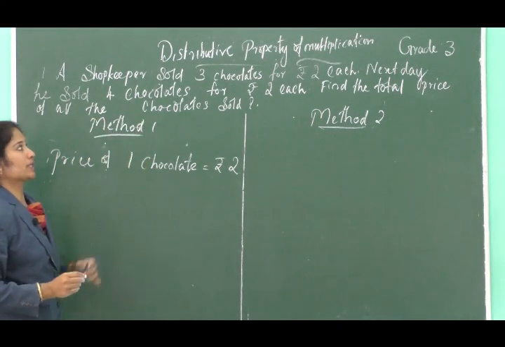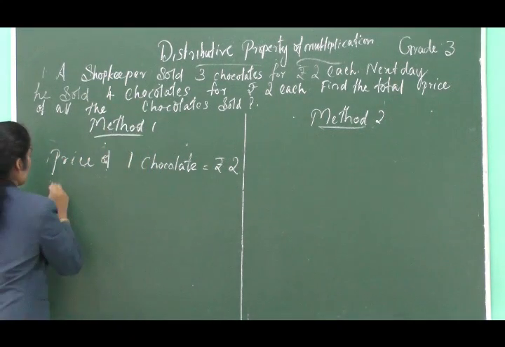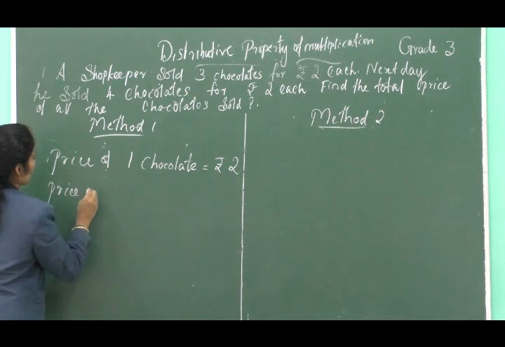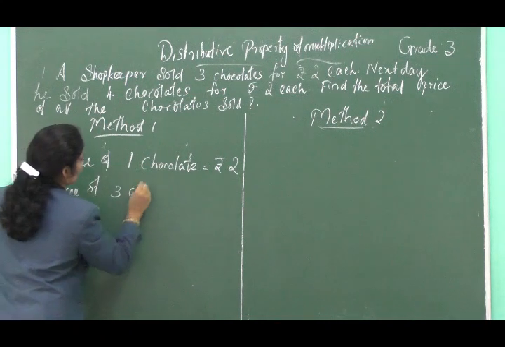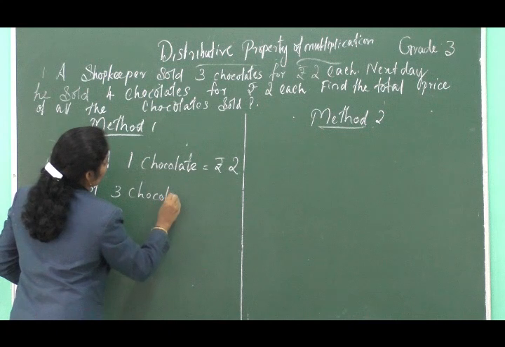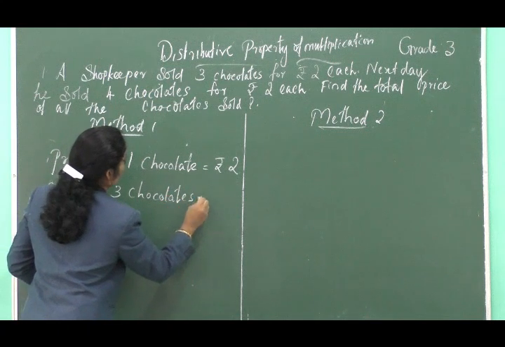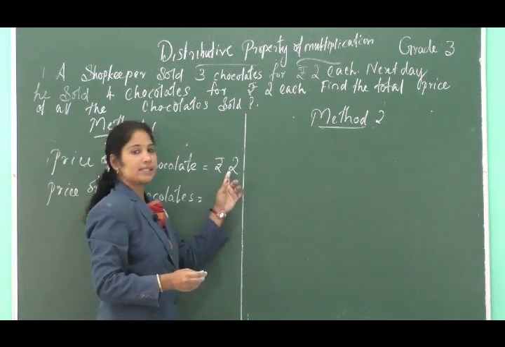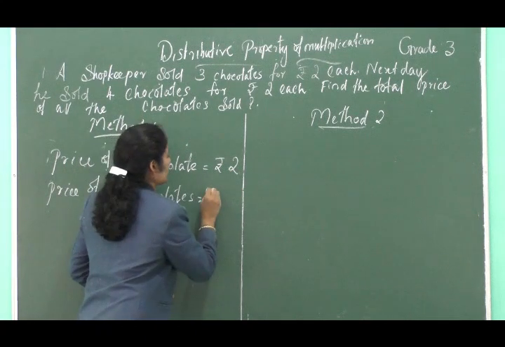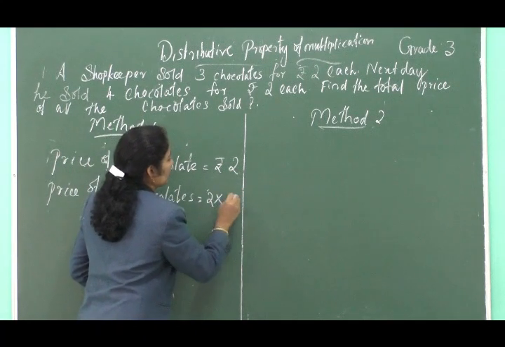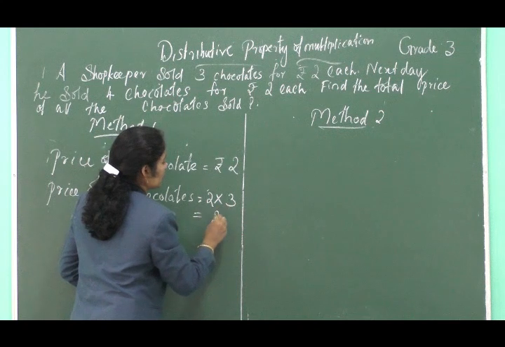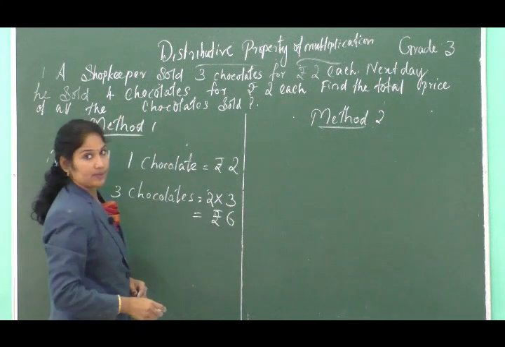How to find out the price of 3 chocolates? Price of 3 chocolates is equal to 1 chocolate price is 2 rupees, so 2 into 3 is equal to 6 rupees.